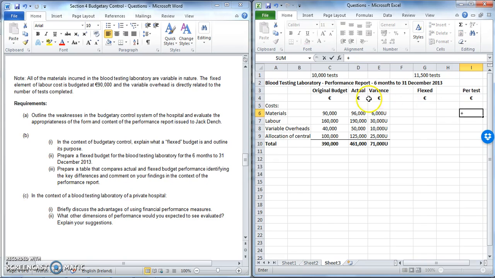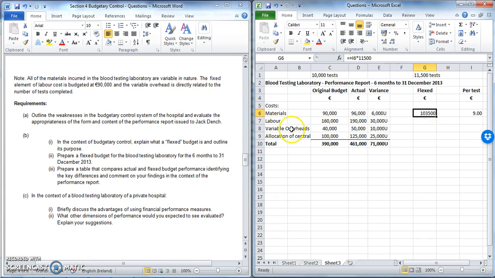Well, if there was 90,000 budgeted for materials and they're completely variable over 10,000 tests, means the cost per test was €9. Okay, so you know it's completely variable. It must have been €9 per test, and therefore you can say, well, if it's €9 per test, and there's actually 11,500 tests, the flexed budget for materials will be 103,500.